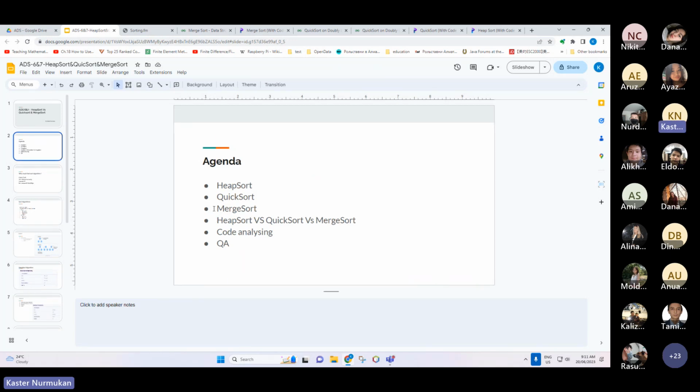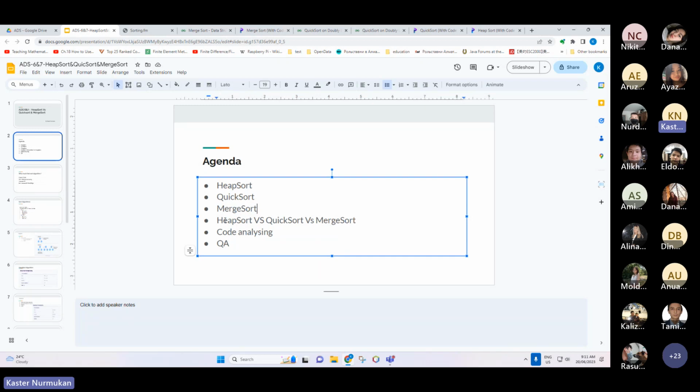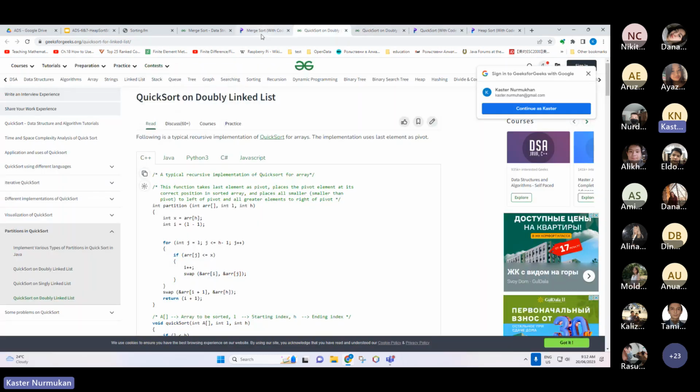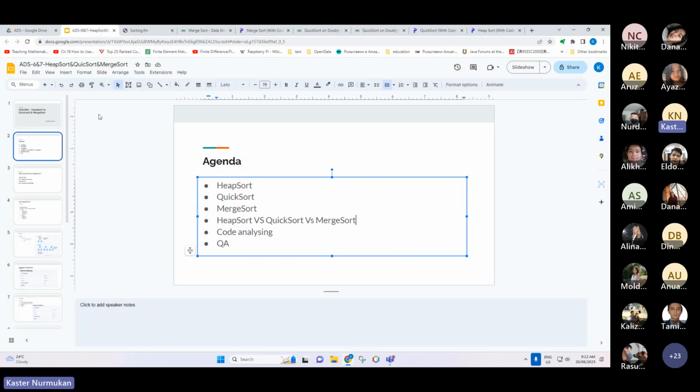We are going to include merge sort and compare the three algorithms, to give you the right way to think about which one is the better choice. Along the way we are going to introduce a little C++ code as well, describe it quickly if you need, and I will also give you several important references so you can keep learning in the future.